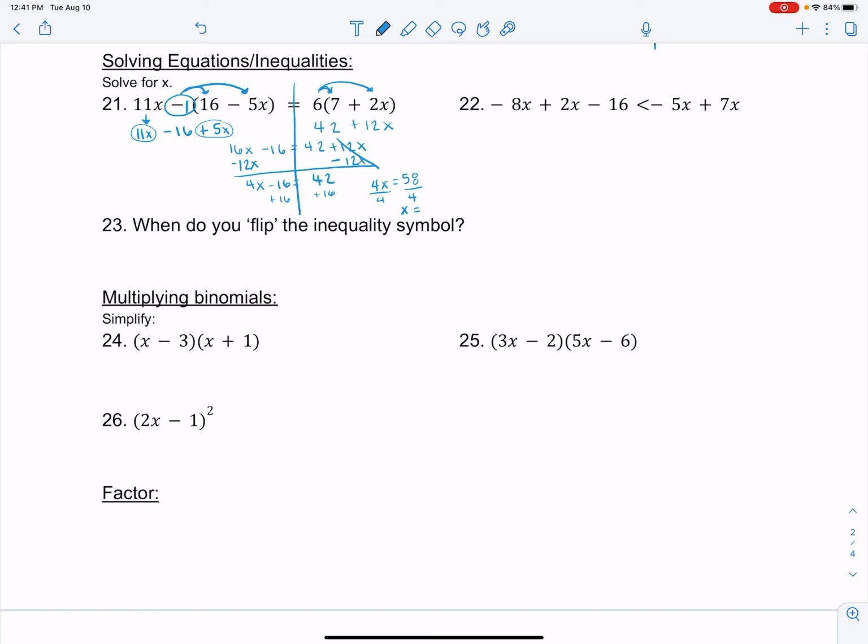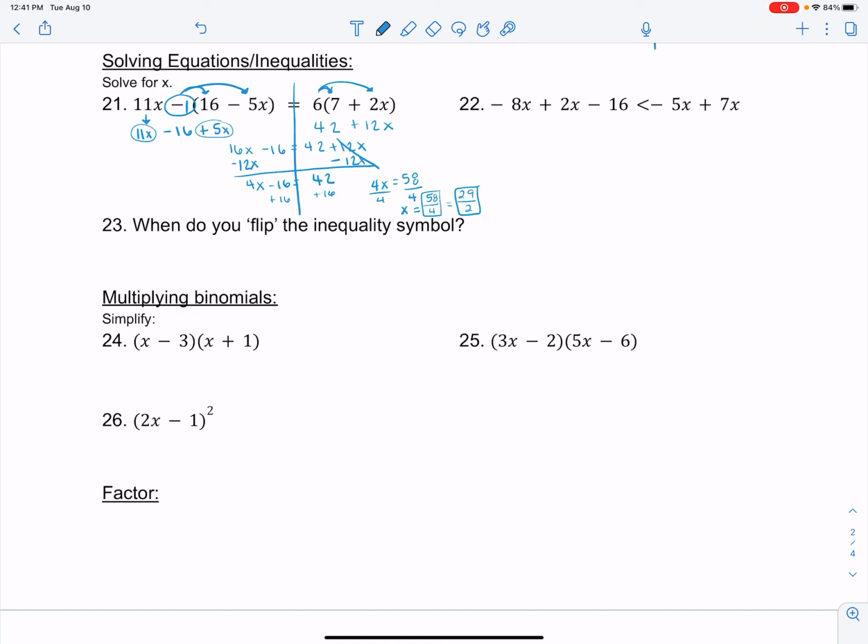So 4 doesn't go into 58, so you can leave it as the improper fraction 58 over 4. Or you can simplify, they're both divisible by 2. So you can simplify it to 29 over 2. And that's also acceptable. All right.